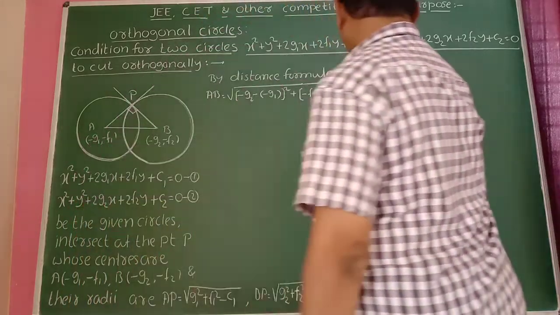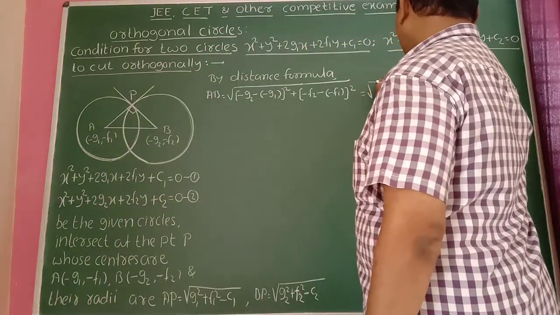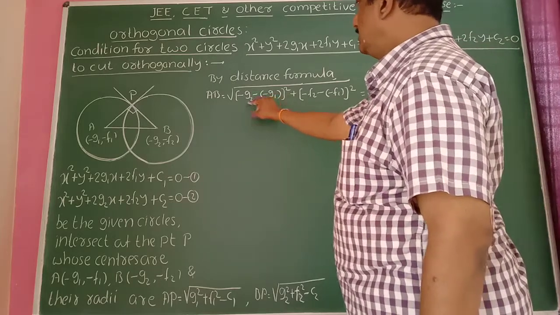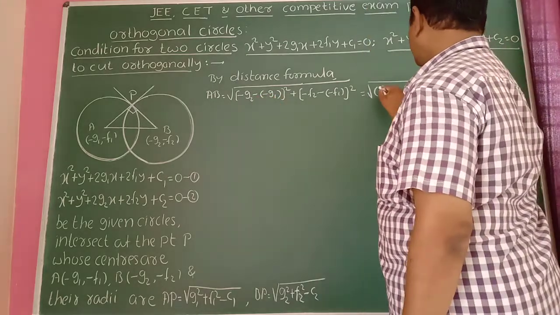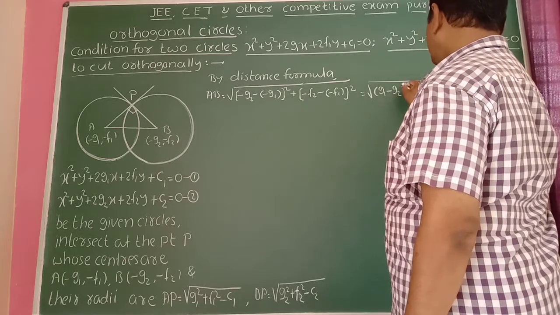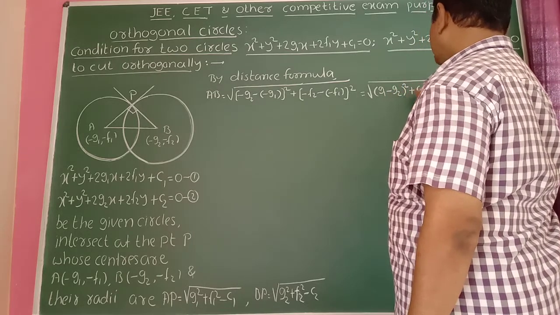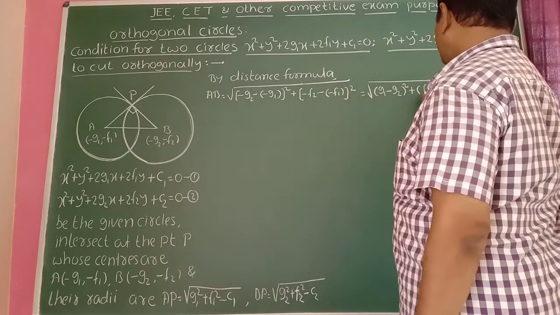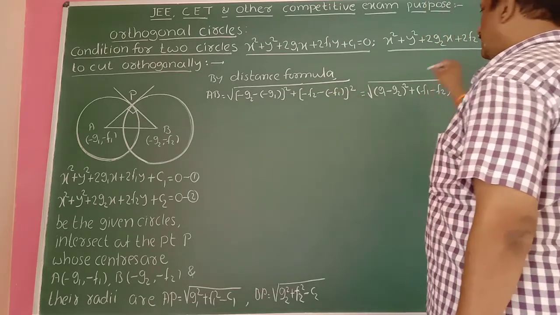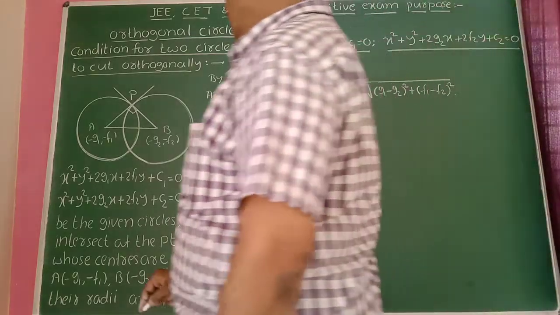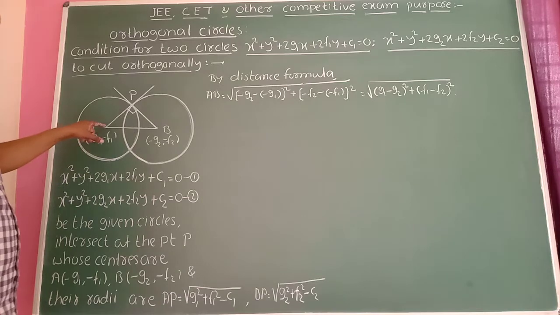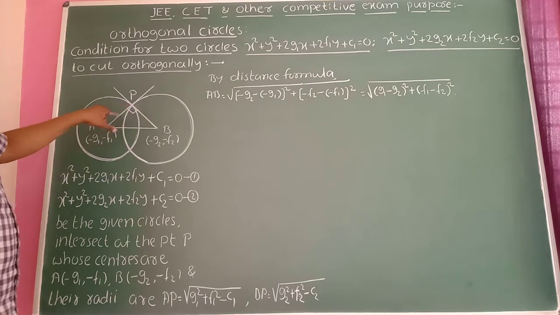Therefore this is equal to root of (g1 minus g2) whole square plus (f1 minus f2) whole square. You know that these two circles are orthogonal circles, therefore angle APB is 90 degrees.